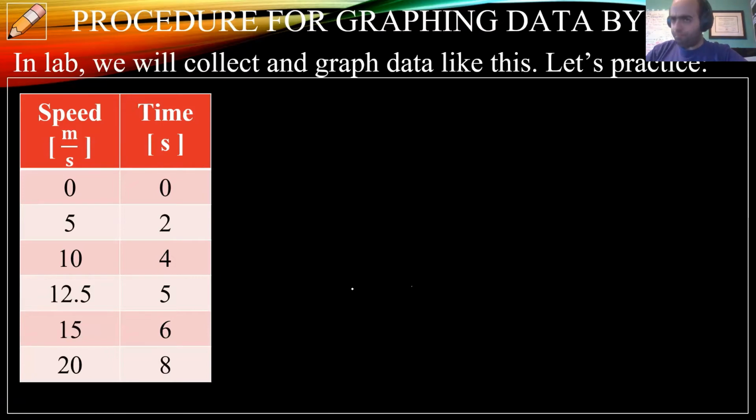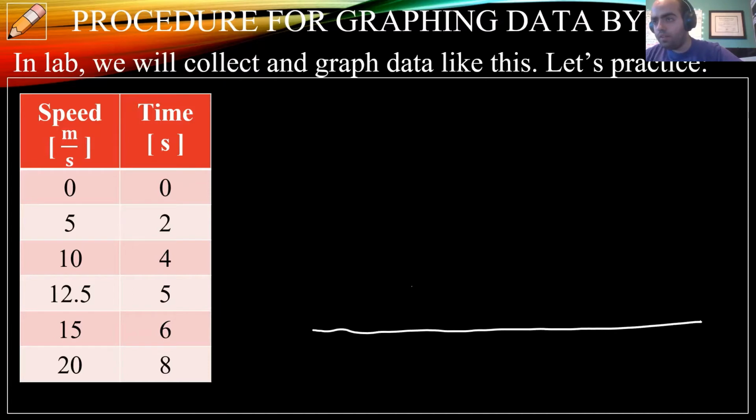And if we're given time and speed, then time's going to be what we plot on the horizontal axis. Speed is going to be what we plot on the vertical axis. So I'm going to set up my graph where I draw my horizontal axis. This is where I'm plotting time. And then my vertical axis where I'm going to be plotting the speed.